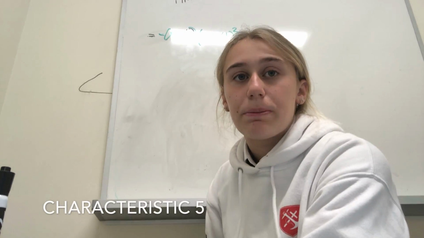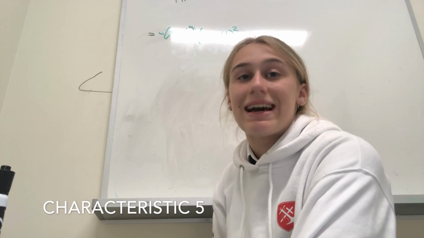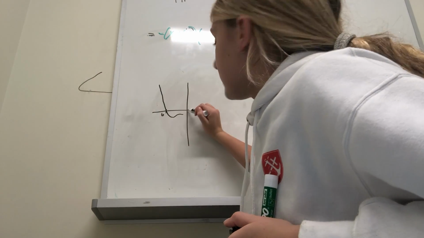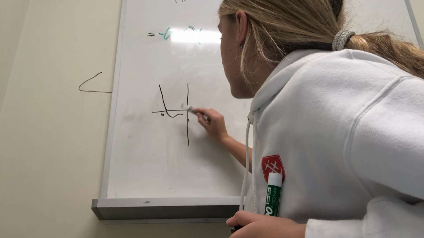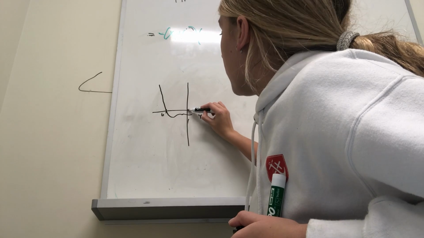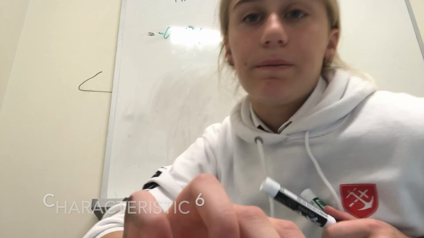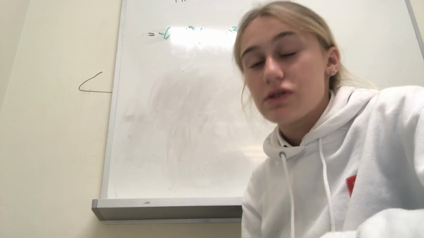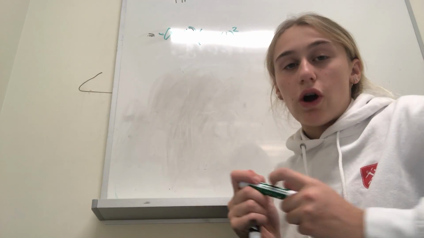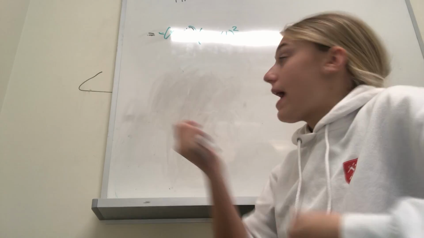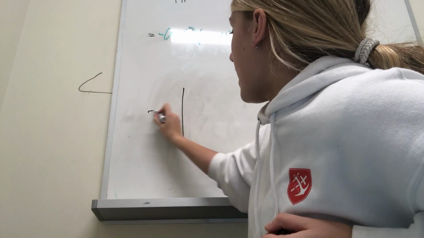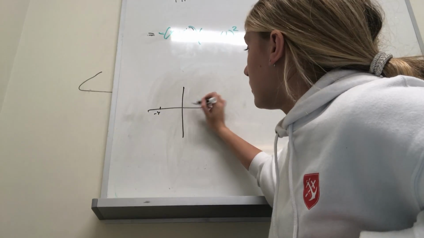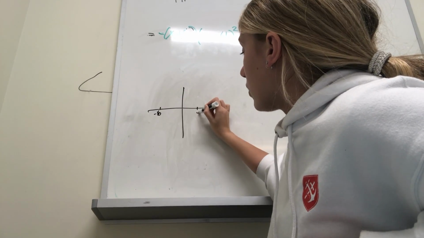Characteristic 5 is that p at x has a y-intercept at less than 0. It means that when it crosses the y-axis, it must be below the x-axis. So it must be anywhere here. Okay, characteristic 6 is that p at x has exactly 3 x-intercepts. So this is a very important one. We already know that our graph has 2 x-intercepts for sure, at negative 6 and at 4.